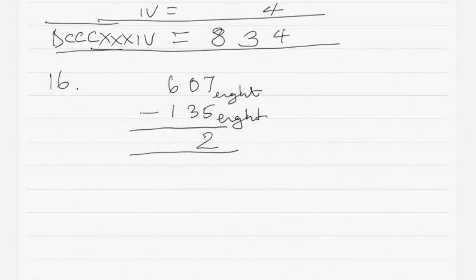It will give us 8. 8 take away 3 gives us 5. Here we remain with 5 in the next column. So 5 take away 1 gives us 4. So our answer is D, 452 base 8.